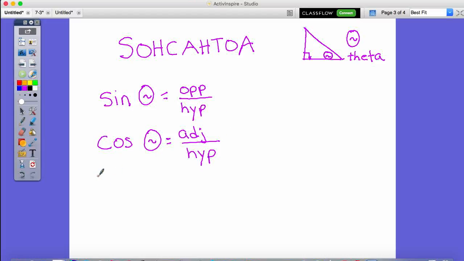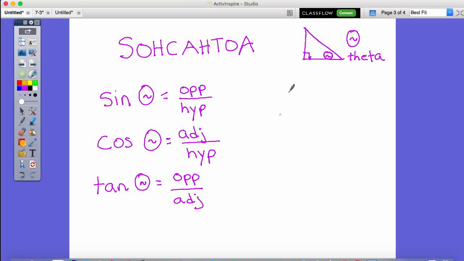And if we were finding the tangent of theta, tangent is opposite over adjacent.